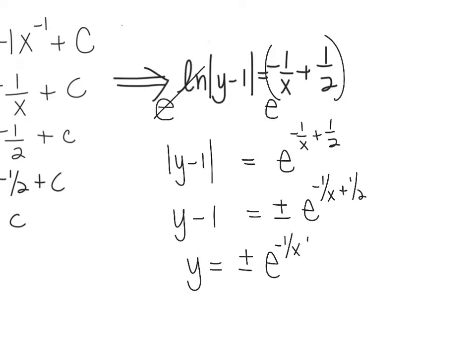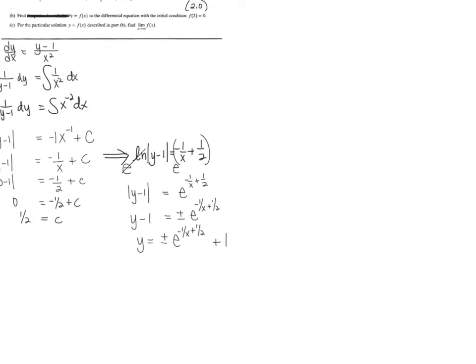So to find the exact solution that we need, we have to figure out, do we want the plus or the minus? And if you remember, we plug in our initial point. And our initial point was that x is 2 and y is 0. So when I put 2 in for x, I get negative 1/2 plus 1/2, which is 0. E to the 0 is 1.